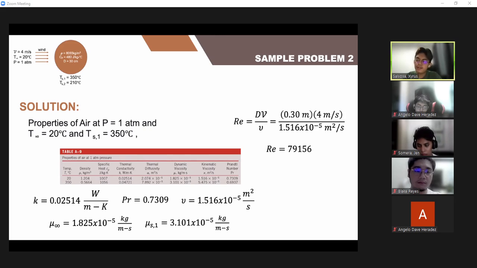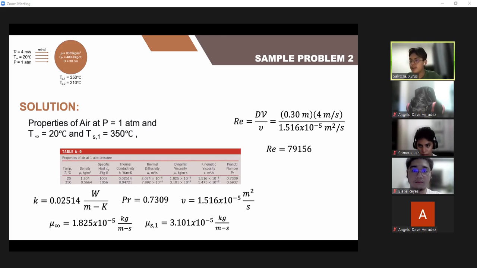The density at these conditions is 1.205 kilogram per cubic meter, while the dynamic viscosity is 1.825 times 10 to the negative 5 kilogram per meter second, which gives a kinematic viscosity of 1.516 times 10 to the negative 5 square meter per second, which will be used in solving the Reynolds number.